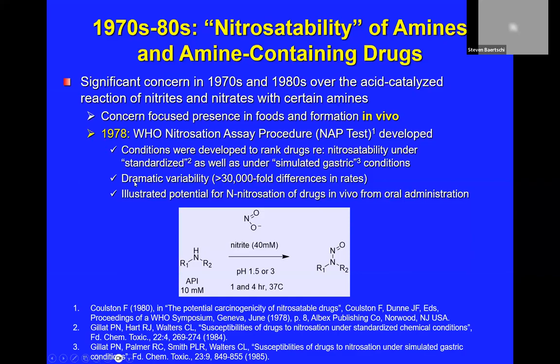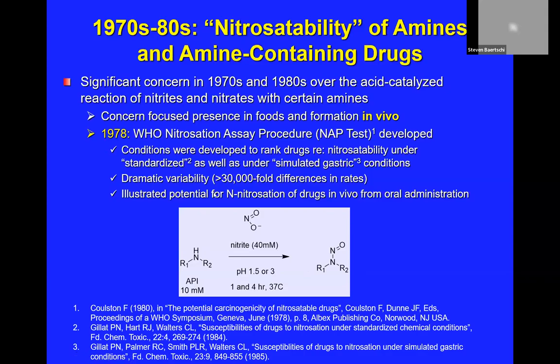They tested a number of drugs using these conditions, where you take your drug or your amine at 10 millimolar, expose it to 40 millimolar nitrite at pHs of 1.5 and or 3 for 1 and 4 hours at 37 degrees, and look to see if a nitrosamine is formed. And again, you can see how this might be relevant to the stomach: pH 1.5 to 3, 1 to 4 hours is kind of a worst-case stasis in the stomach, and 37 degrees is the normal temperature of the body.